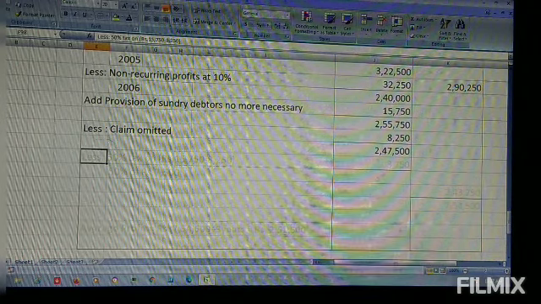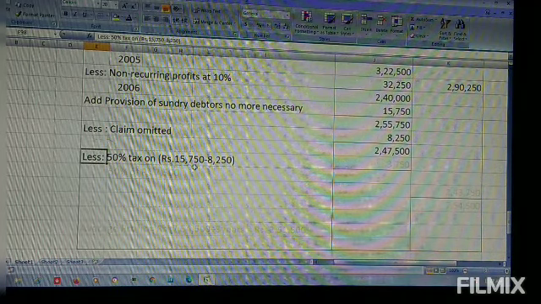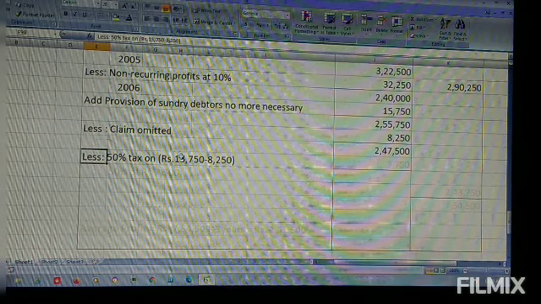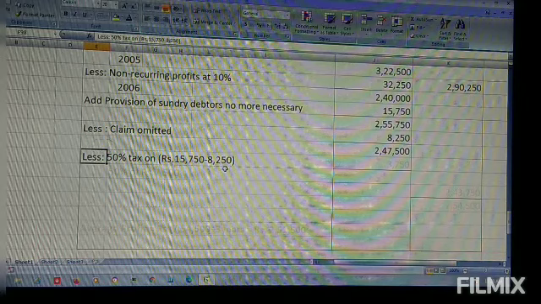Less 50% tax on what? The 15,750 is to be taxed because it was treated as an expense and has now become income. On the 8,250, tax should not be charged, because it is a claim and so an expense.